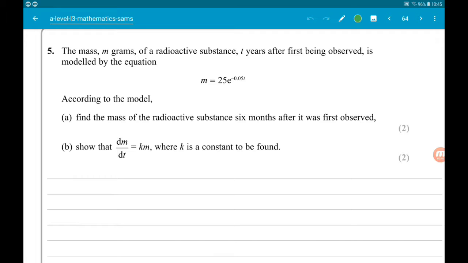So after 6 months, that means t is equal to 0.5.